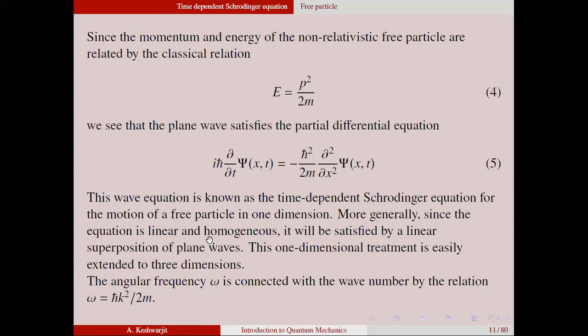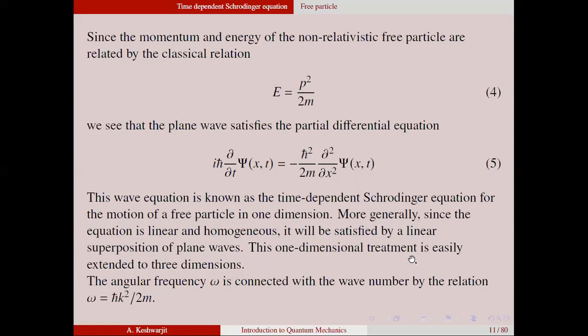So the equation is homogeneous. Since an equation is linear and homogeneous, its solution will be a linear superposition of many possible solutions. More generally, it will be satisfied by a linear superposition of plane waves.